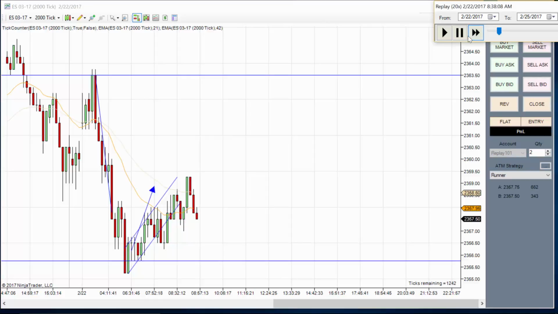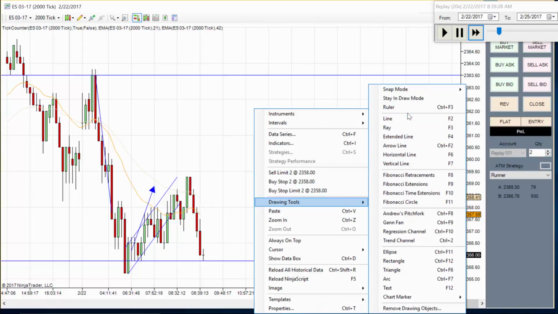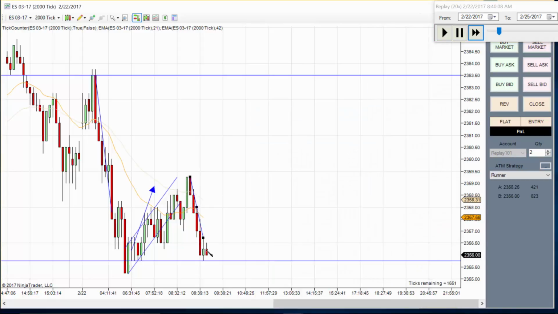So let's get back to something interesting. Got a trend going there. You break, go into the new low, you're meeting these lows.